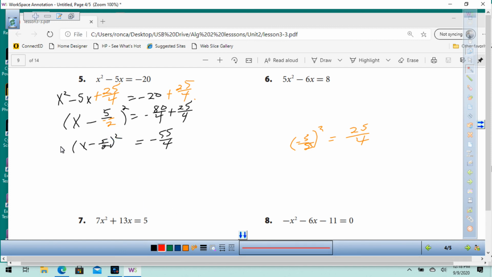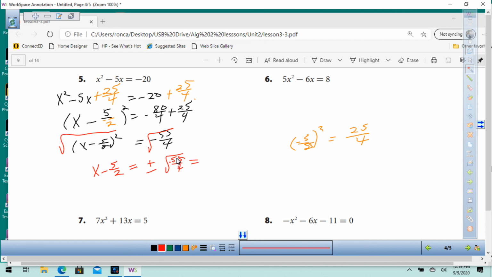So we're going to take the square root of both sides. And that's going to give us x minus 5 halves equals plus or minus the square root of 55 over 4, and that's negative. Okay. Well, we need to work on that a little bit.